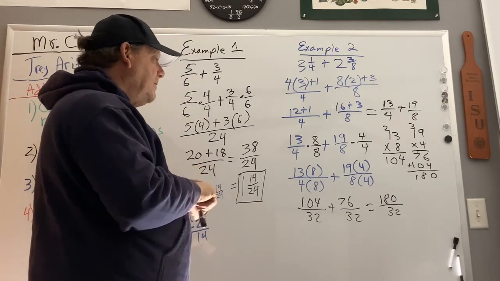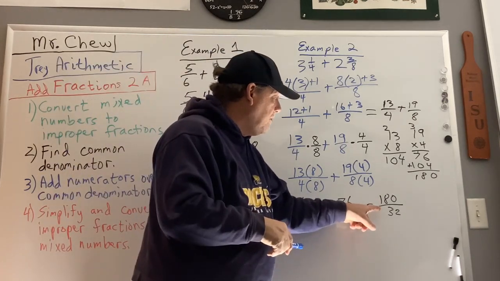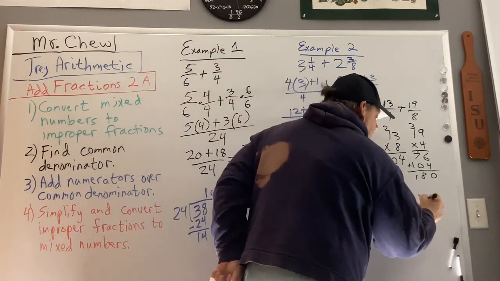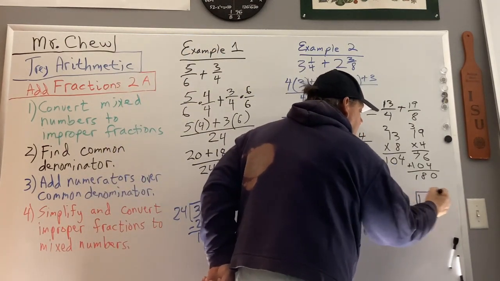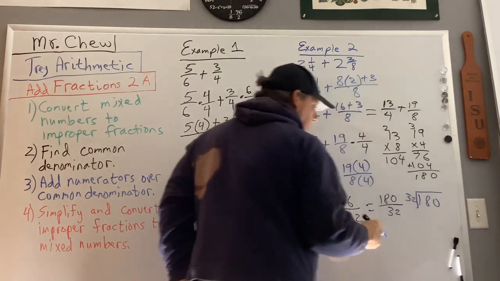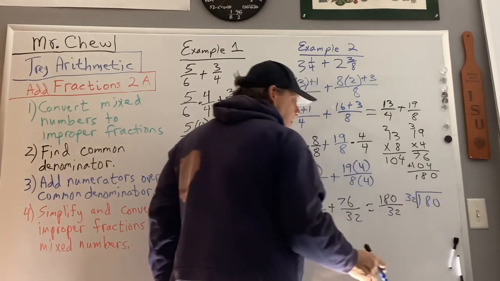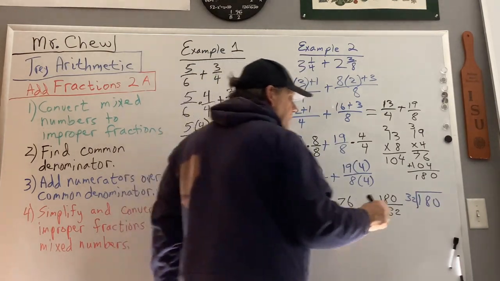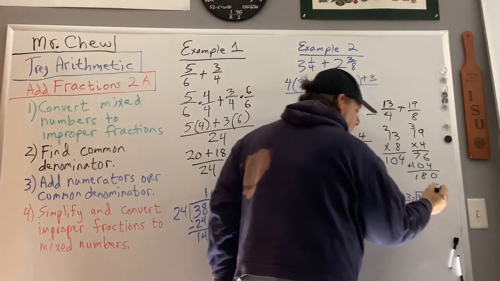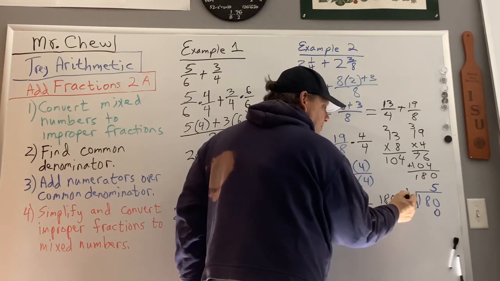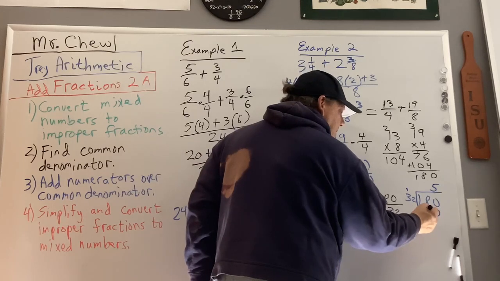Now what we do is we take the 180, and this bar means divide by 32. So I take my 180 and divide it by 32. 32 will not divide into 1 or 18, but it will divide into 180 5 times. 5 times 2 is 10. Carry the 1. 5 times 3 is 15, plus 1 is 16.